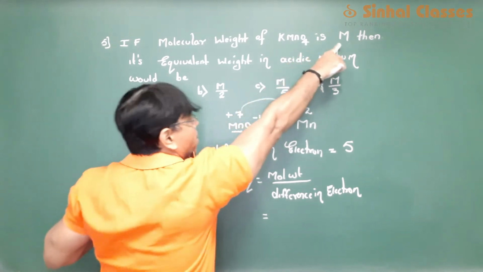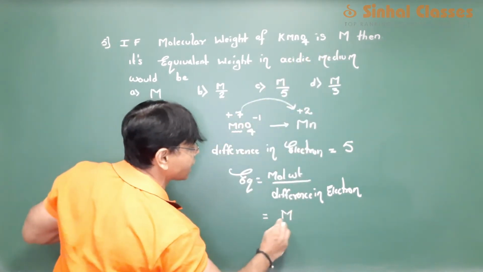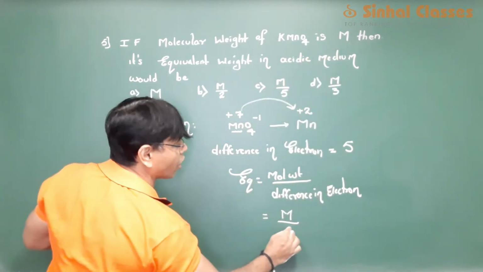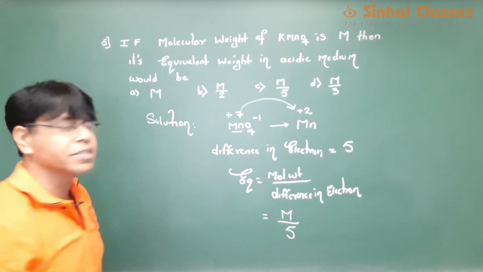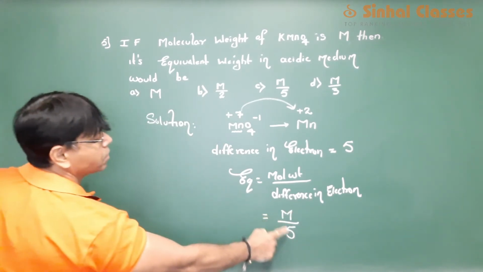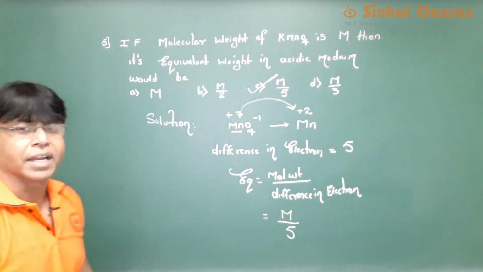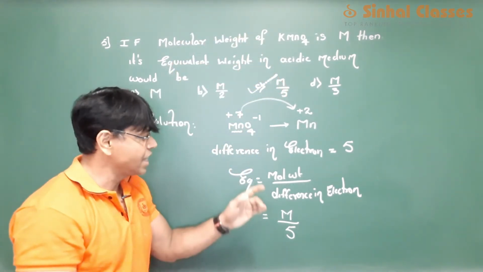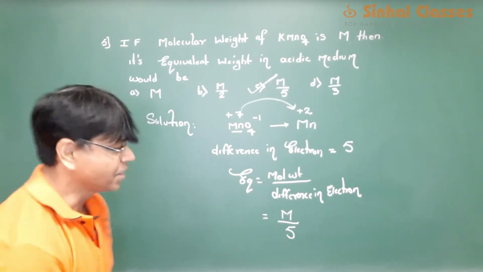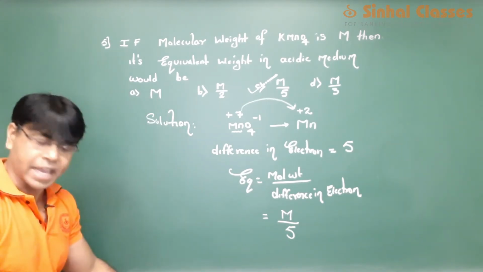They have given you molecular weight M, and the difference in electrons in acidic medium you got is 5. So your answer for this question is M divided by 5. So answer is C, which is the correct answer in acidic medium. Now let's go to question number 6.